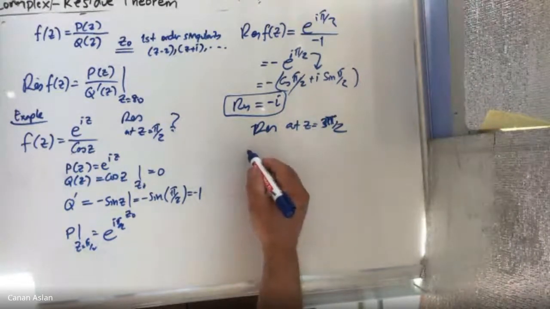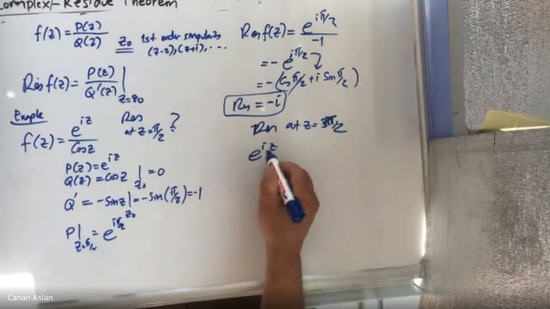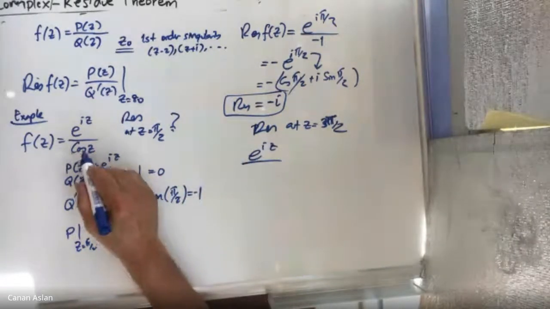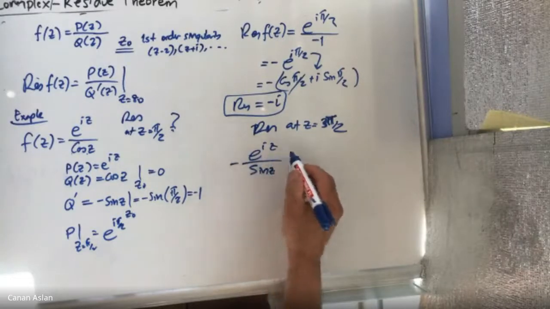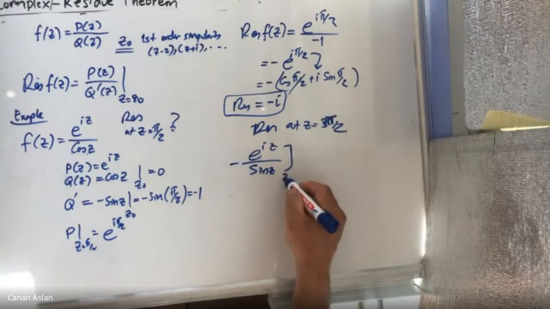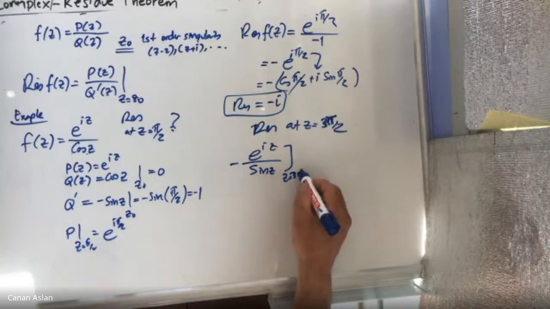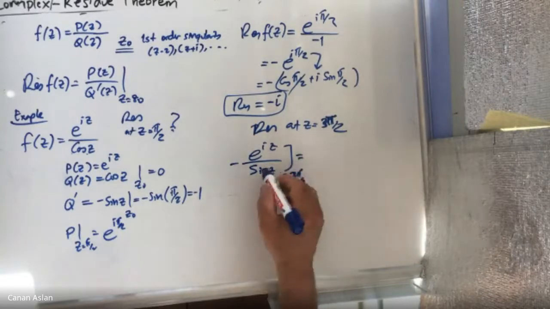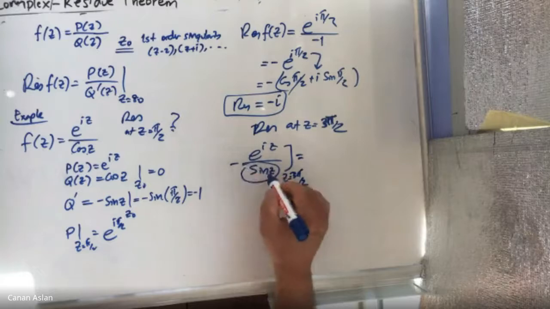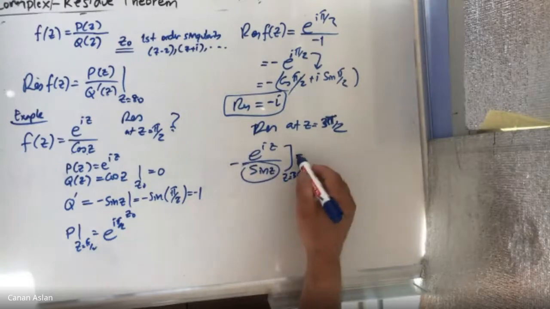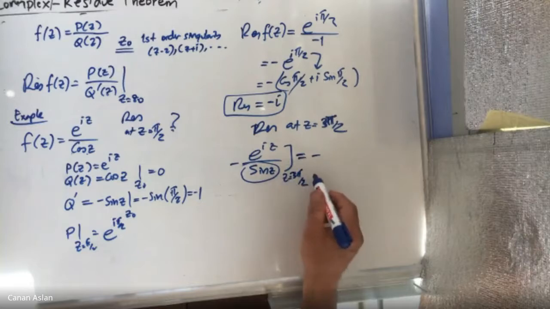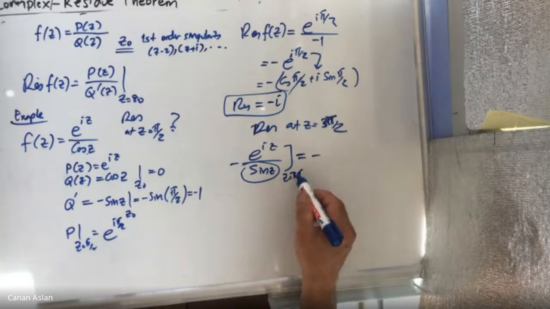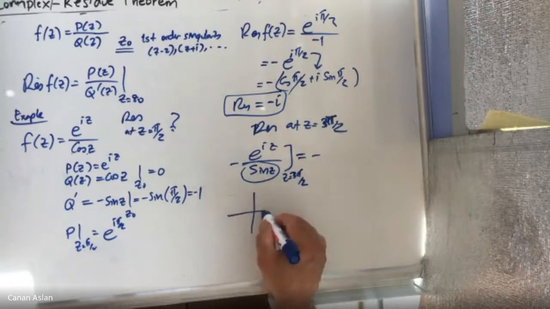Because what we will do is that e to the iz divided by cosine z, the derivative of this is sine z with a minus sign, and now z is to be replaced by 3 pi over 2. So don't forget, this is the derivative of the denominator. Now this is equal to minus sine of 3 pi over 2, okay, let's check.